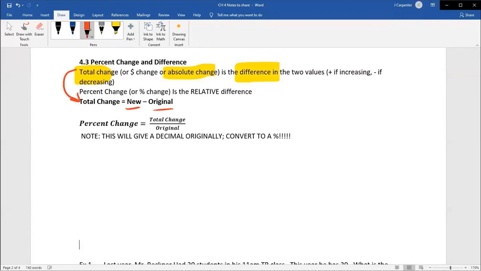Whereas percent change is the relative difference. And the word relative, if you point out some of the letters, you can get rate out of relative. So relative is a rate or a ratio.